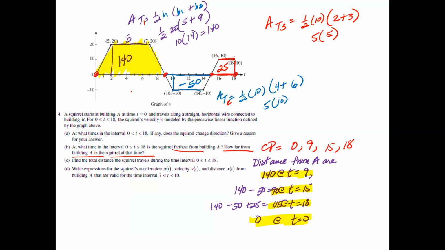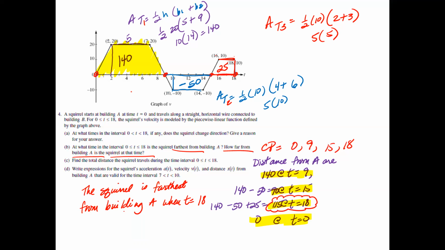The furthest away from building A. So you could say the squirrel is farthest from building A when t is equal to 18 at 115.